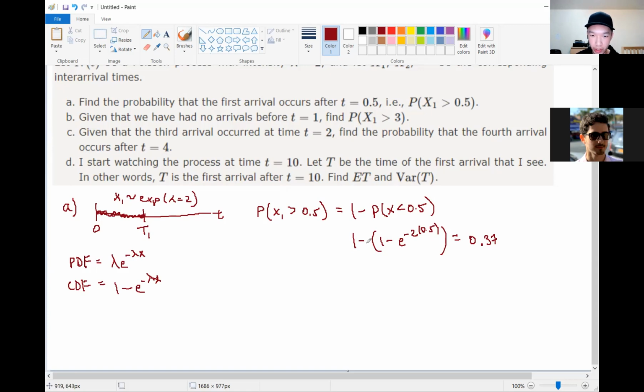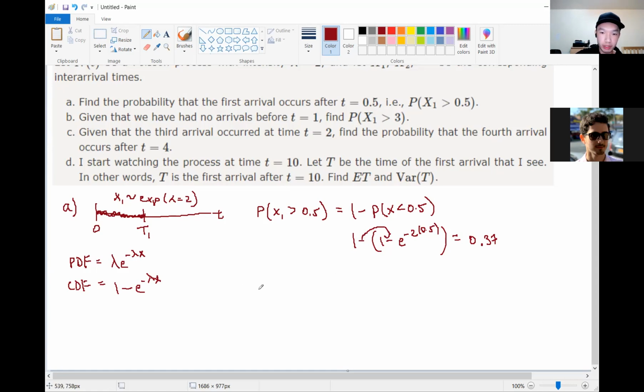Let me see if we can verify with algebra here. 1 minus 1 is nothing, and then you distribute the negative, that's a positive e to the... yeah, it should be positive. It's just an issue with my calculator then. All right, so 37% approximately.